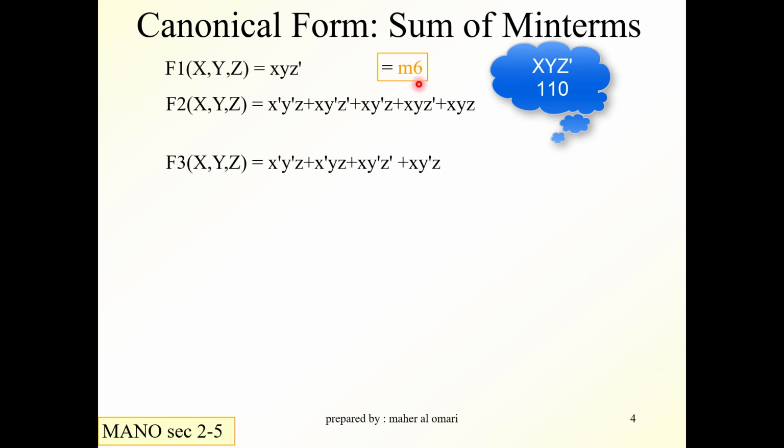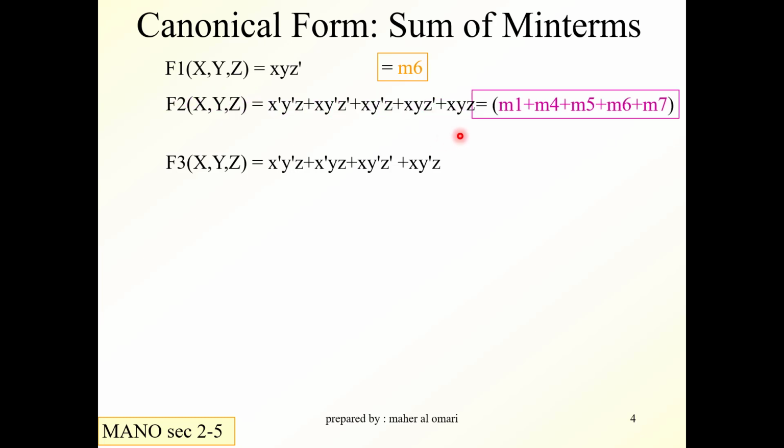It's 1 for x, 1 for y, 0 for z. All right, and this is minterm number 7. So we can express F2 as the sum of minterms m1 or m4, m5, m6, m7, and we can write it this way: the sum of 1, 4, 5, 6, and 7.